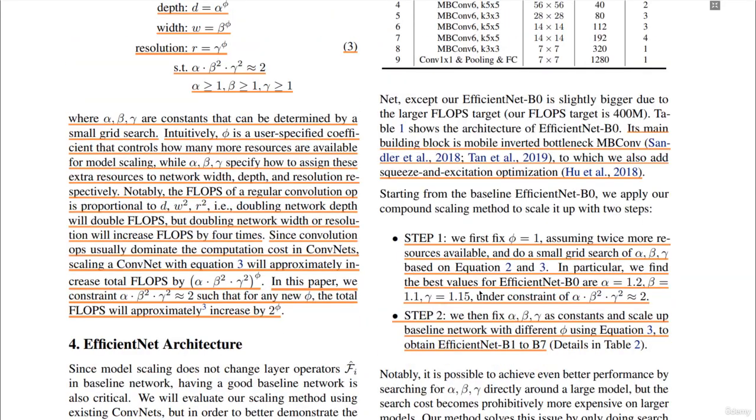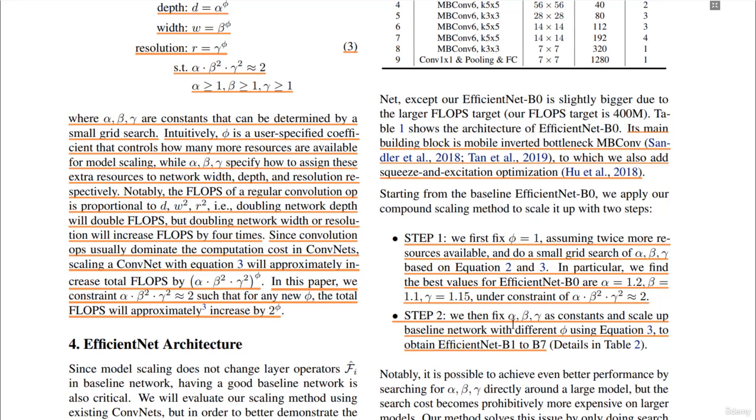In particular, they found the best results for EfficientNet B0, which is the baseline model, when alpha equals 1.2, beta equals 1.1, and gamma equals 1.15. If you multiply these, that's 1.2 times 1.1 squared times 1.15 squared, it's going to give you a value of almost 2.